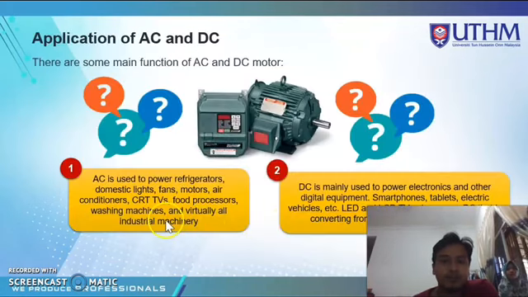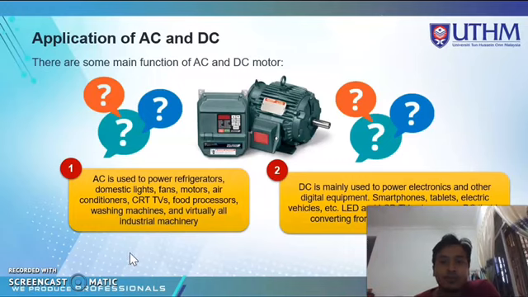Next, the applications of DC and AC. There are many functions of AC and DC motors. AC is used to power refrigerators, domestic lights, fans, motors, air conditioners, washing machines, and virtually all industrial machinery.